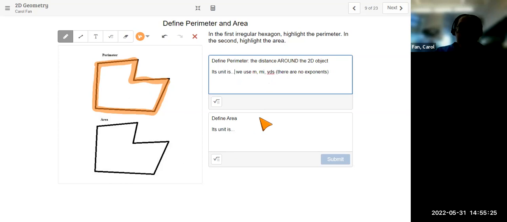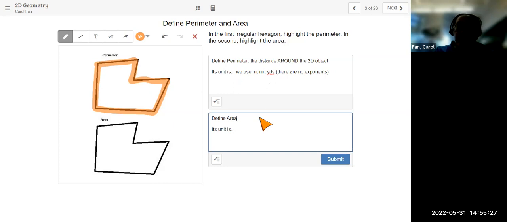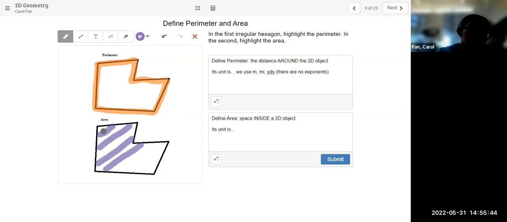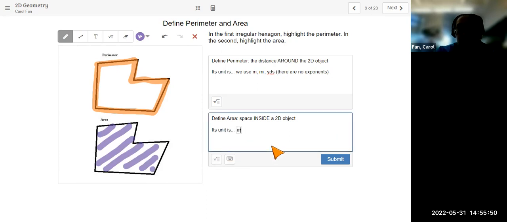On the other hand, we have area. Area is the space inside a 2D object. So here's our 2D object. The space inside, this is area. So the units that we use are something like meters squared. We could say square yards.